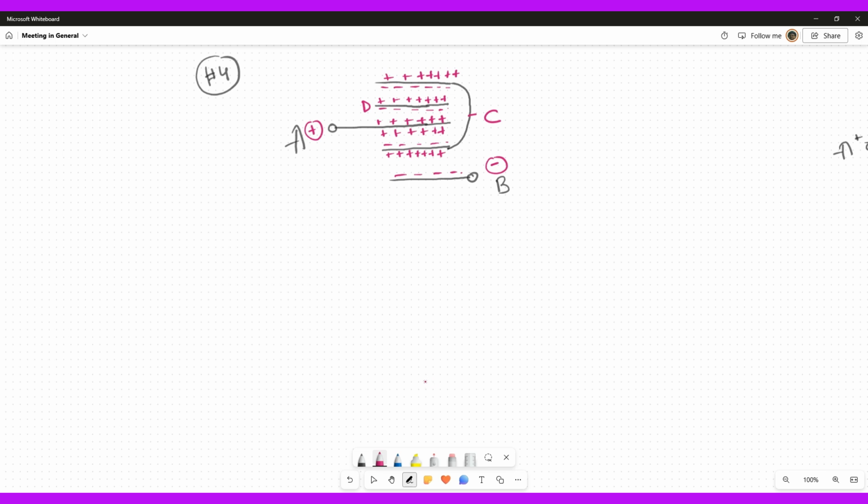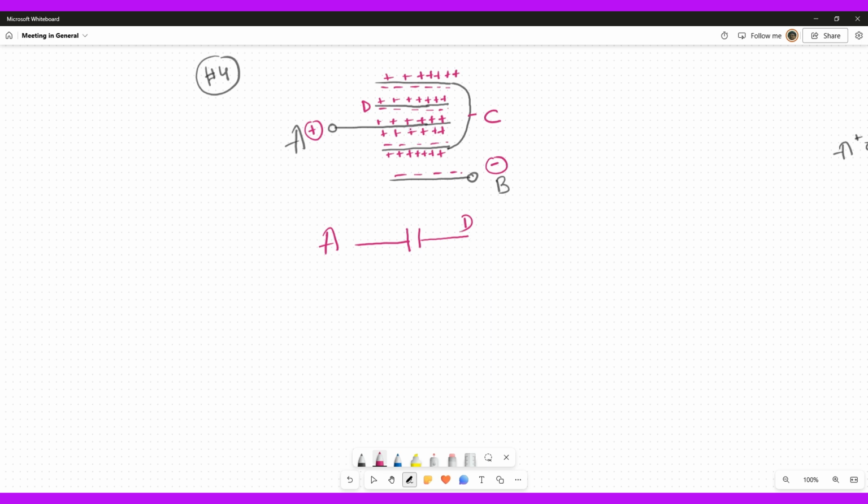You can see that between A and D, there is a capacitor, plus minus, no? So this point is A, this one D, between A and D, one capacitor is there. And between D and C, there is a capacitor.